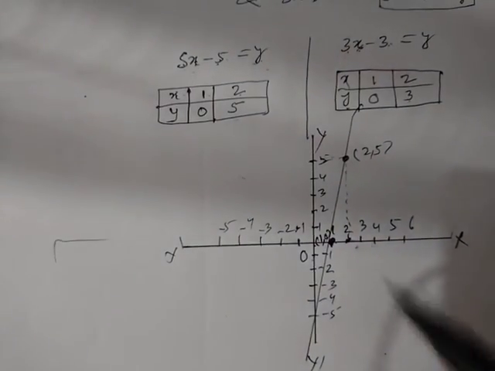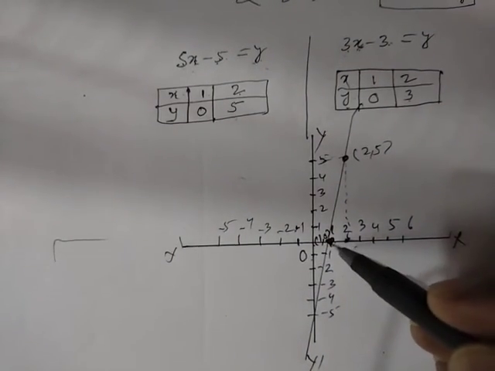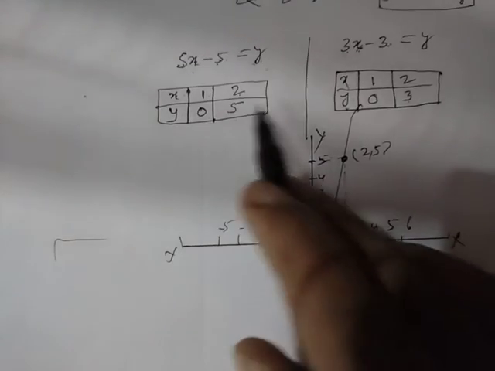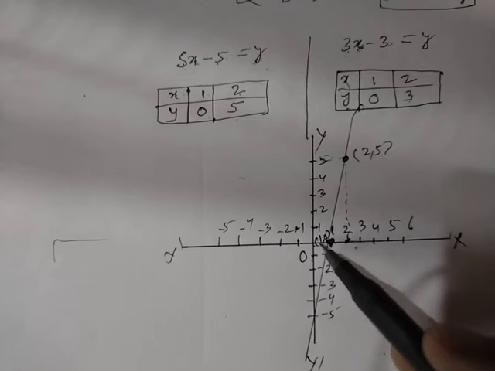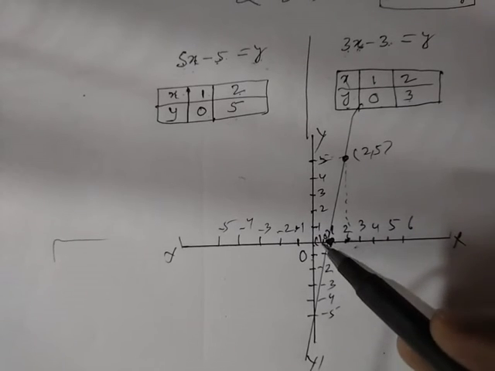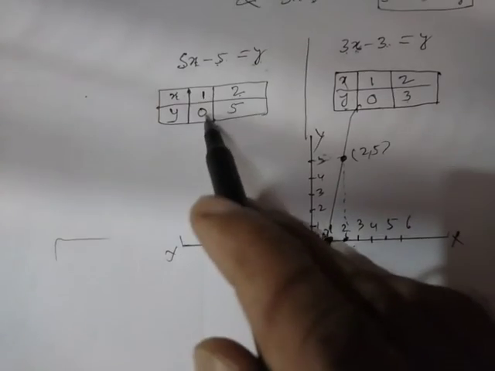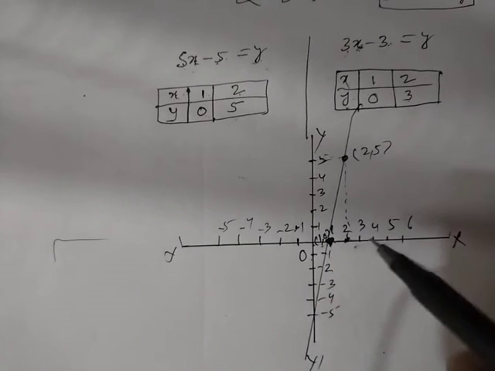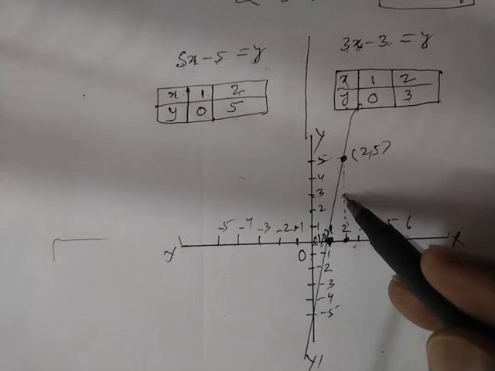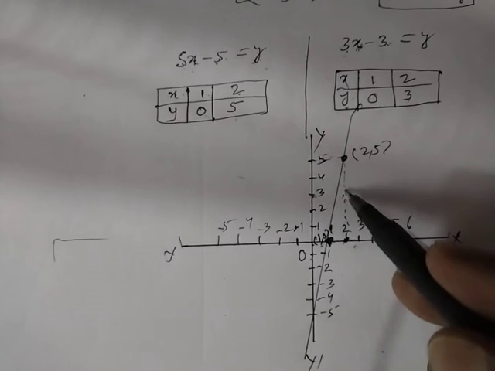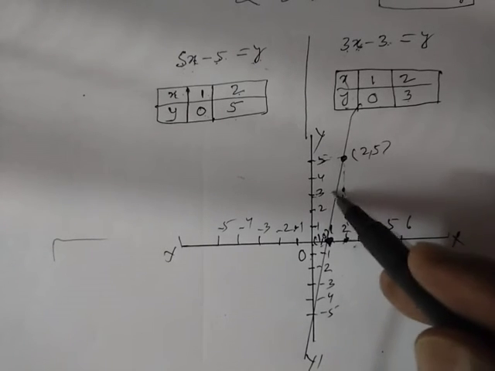Now this is the point, something different. Now you see 1 and 0, the same point will be there, that is x is 1 and y is 0, same point. And then 2 and 3, this is 2 and here is 3, then (2, 3) here.